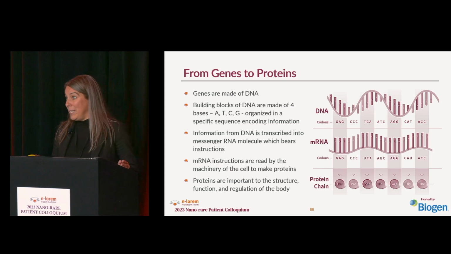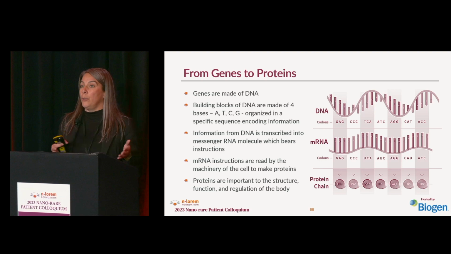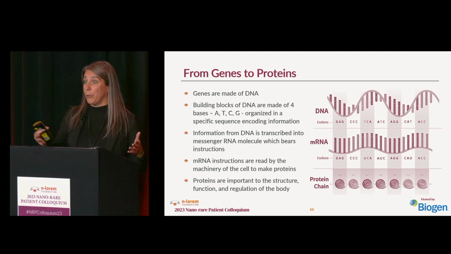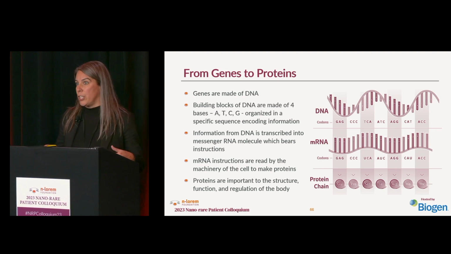Genes are made of DNA, and DNA is made of 4 building blocks that we call nucleotides or bases. And we refer to them by their symbols, A, T, C, G. And these nucleotides are organized in a very specific sequence, a very specific order, so that information can be encoded in our genes.